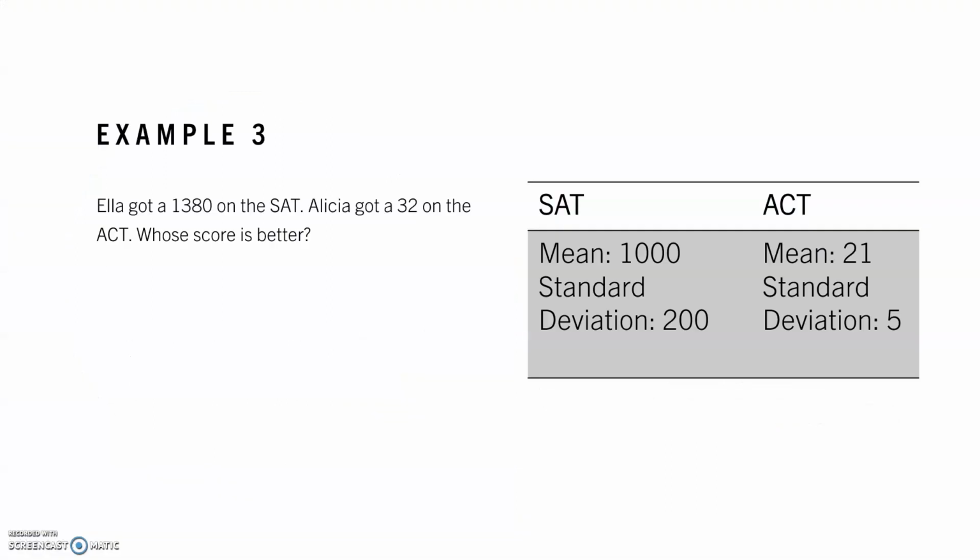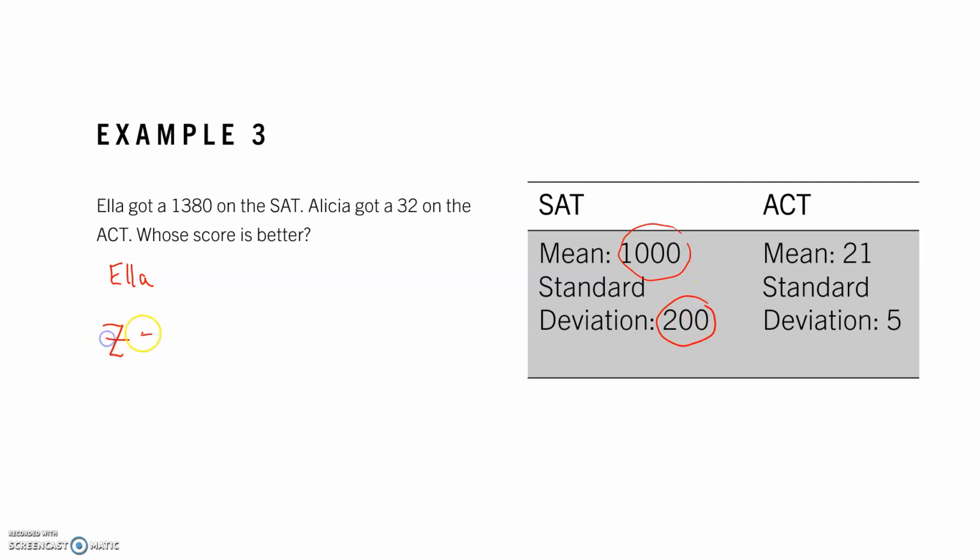So here's an example. The SAT and ACT are 2 tests that seniors take to get into college, and it's hard to compare an SAT score and an ACT score because they have different scales. But if I want to figure out which one is a better score, I could look at their Z-scores. So if I'm looking at Ella's score, she took the SAT, so I'm going to use her mean and her standard deviation.